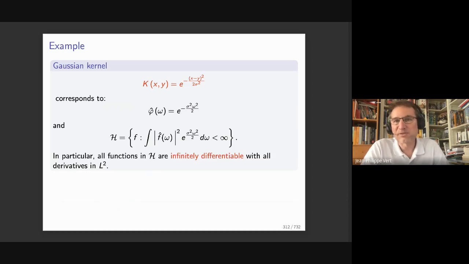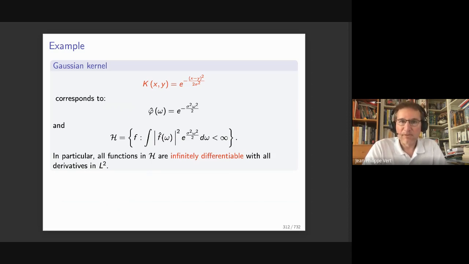And you see that the only difference between the two Gaussians is that the sigma square is either at the numerator or denominator. So in a sense, the Fourier transform of a narrow Gaussian is a broad Gaussian, and the Fourier transform of a broad Gaussian is a narrow Gaussian. And when sigma squared is equal to 1, it is itself.